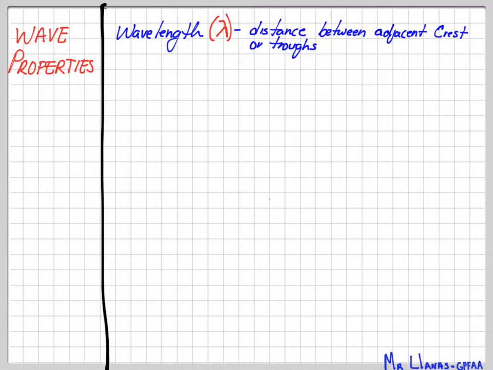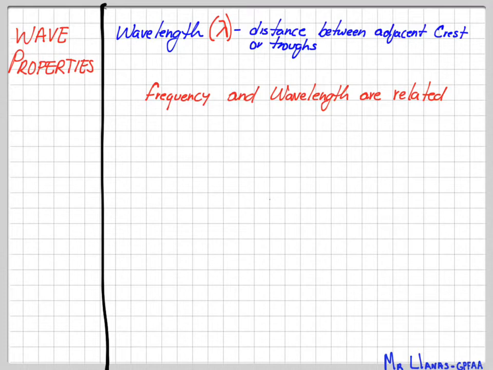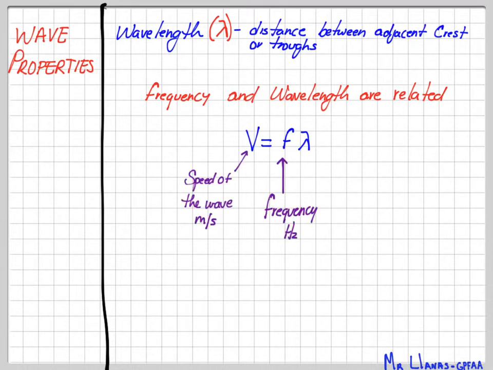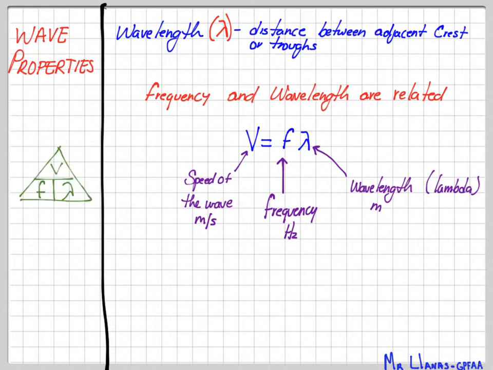When we talked about wavelength, we used different diagrams to look at wavelengths and label those diagrams. Okay, but remember that wavelength and frequency are related. The speed of a wave, the frequency, I'm just labeling what the formula is. We talked about how frequency and wavelength are inversely proportional to each other.